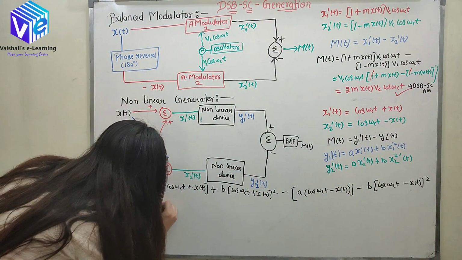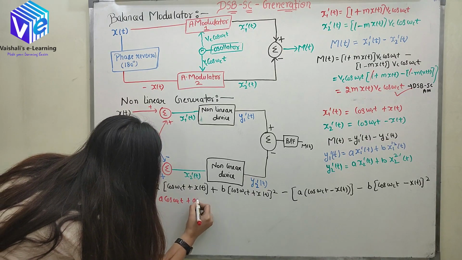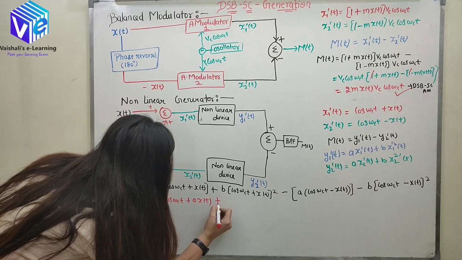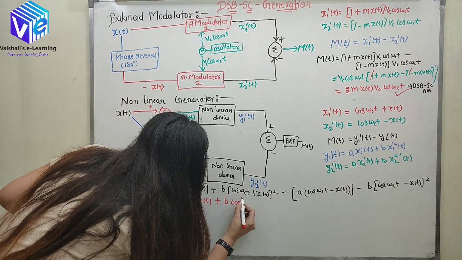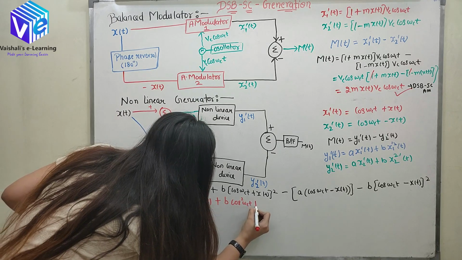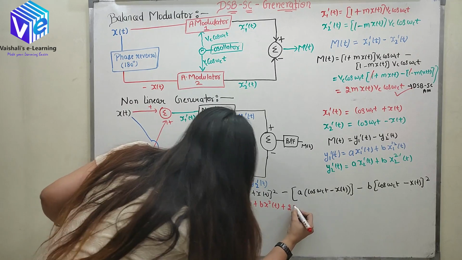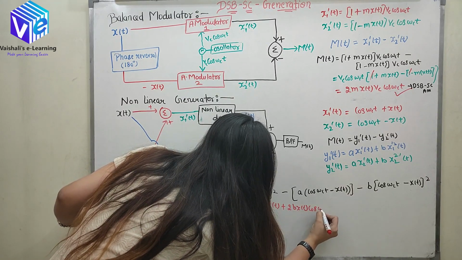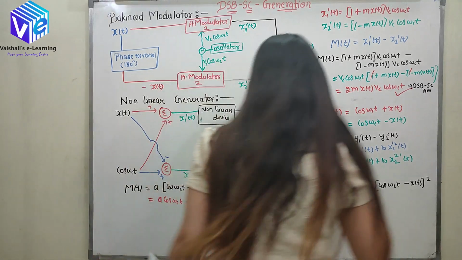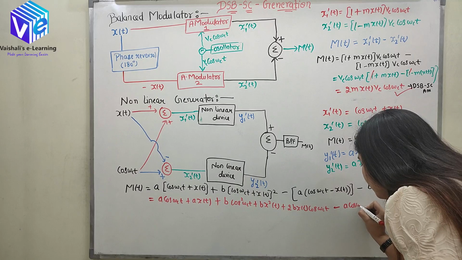So it is a cos omega ct plus a of x(t) plus b of, a plus b whole square would be cos square omega ct plus b x square t plus 2b x(t) cos omega ct. So now here I am having minus a of cos omega ct.